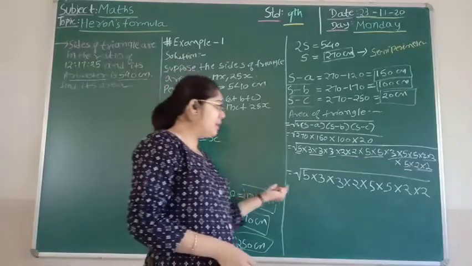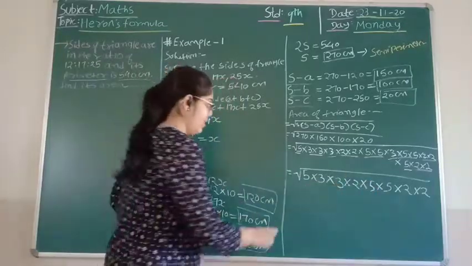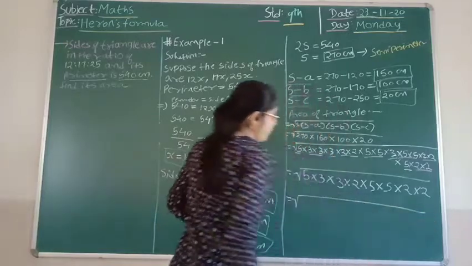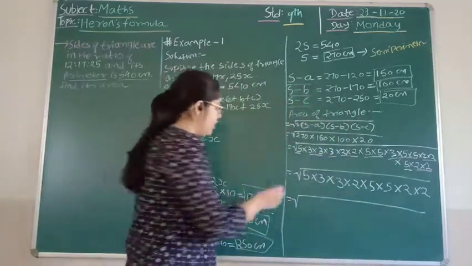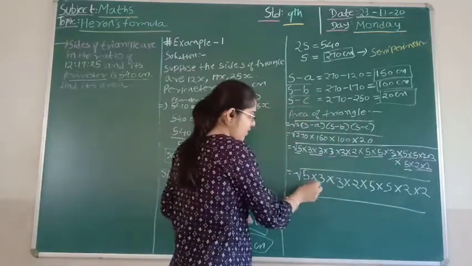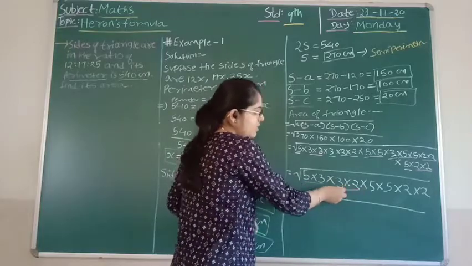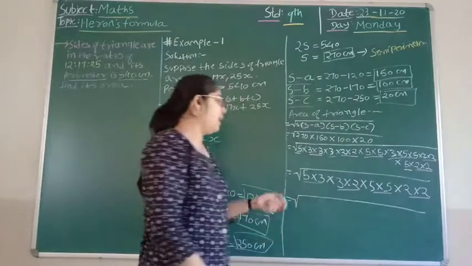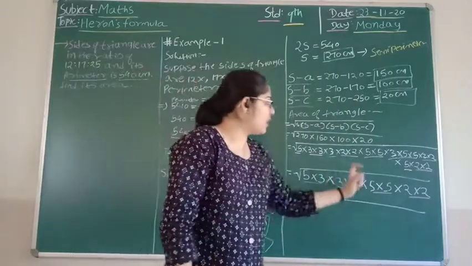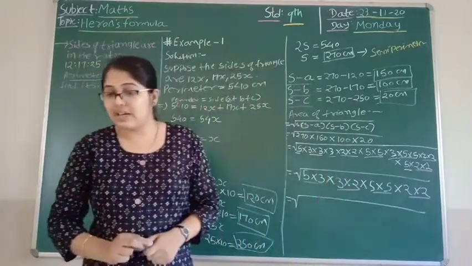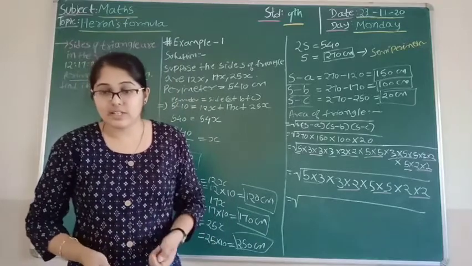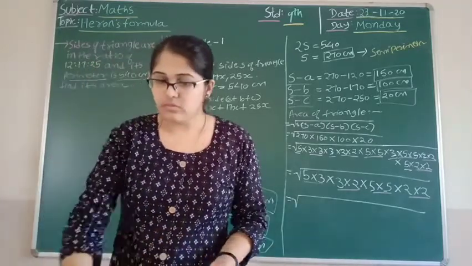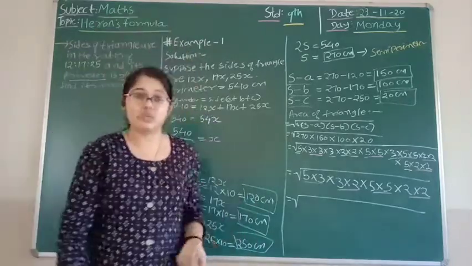Now simply multiply all of these. That is, this will become 15, this will become 6, 25 and 4. And if you multiply all of this, students, you are going to get the answer, that is 9,000.